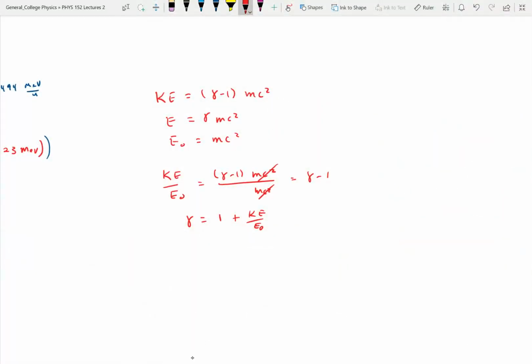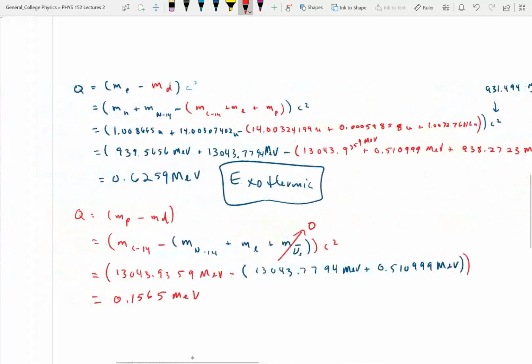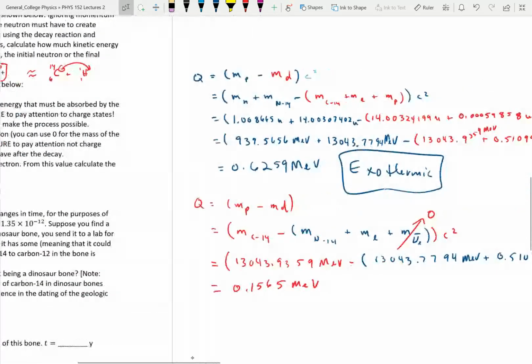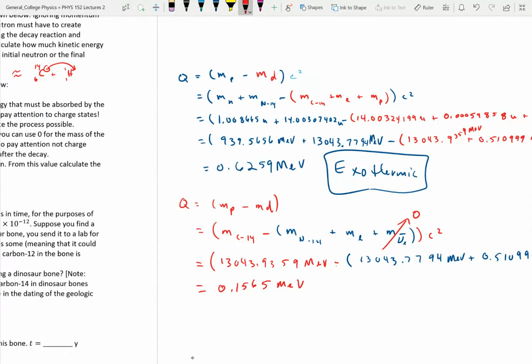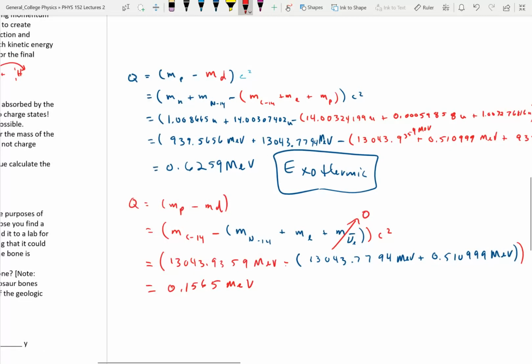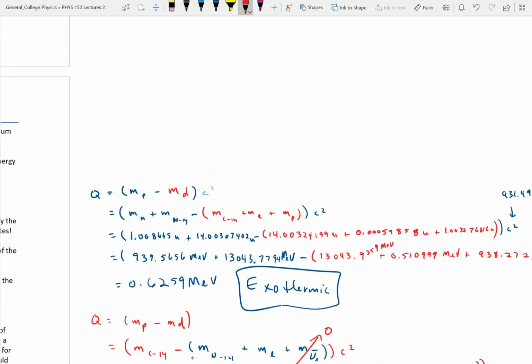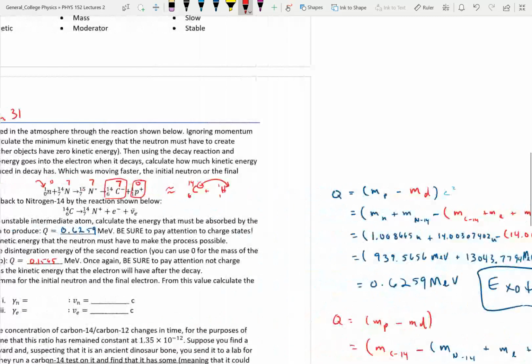So we can calculate gamma actually very easily here. It's 1 plus kinetic energy over E0. So I've already written down the rest energies. For instance, it's 13,043.9359 for carbon-14, 13,043.7794 for nitrogen-14, or, since we're dealing with a neutron, it is right here, 939.5656.